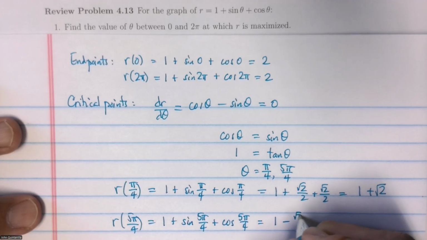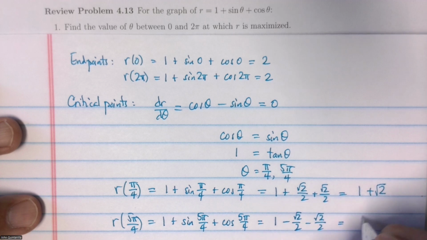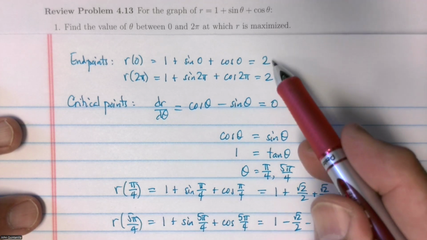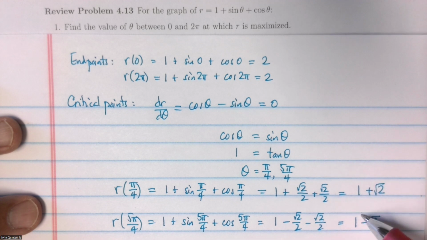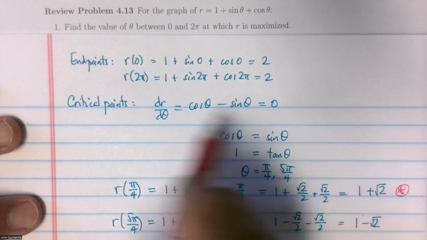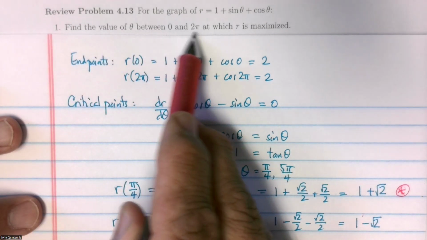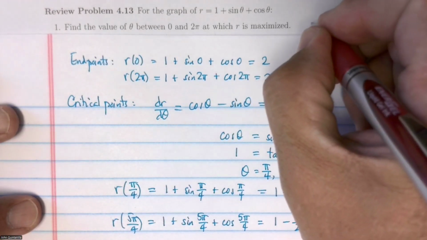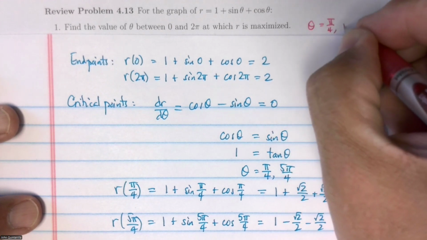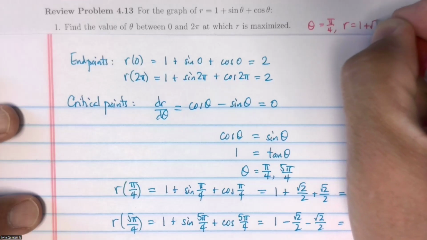So 1 minus the square root of 2 over 2 minus the square root of 2 over 2, and that's 1 minus the square root of 2. Looking at our four options, 2, 2, 1 plus square root of 2, 1 minus square root of 2, 1 plus square root of 2 is the one that gives us the maximum. So the answer is theta is equal to pi over 4, and r is equal to 1 plus square root of 2.